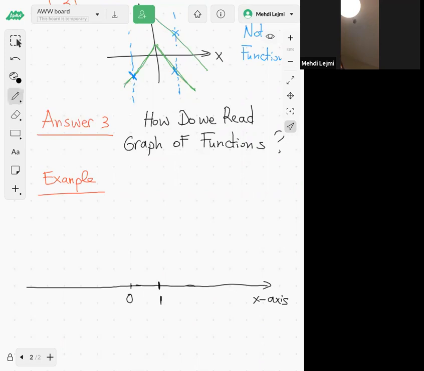Here it's -1, -2. Now the y-axis, let's say this is my y-axis. This is 0, this is 1, here's 2 and -1. Okay, so let's say we have this following graph.